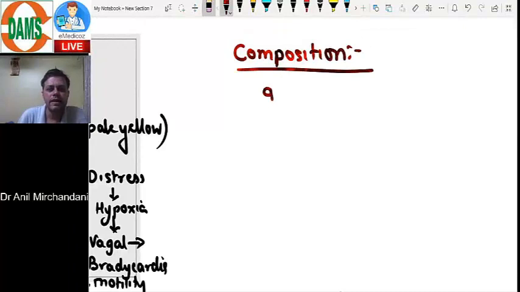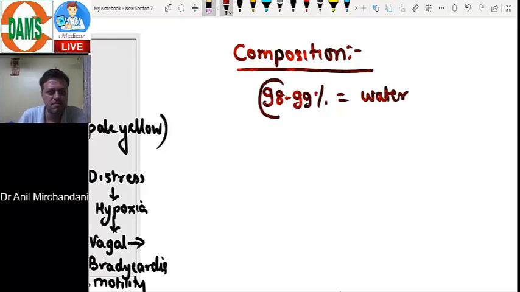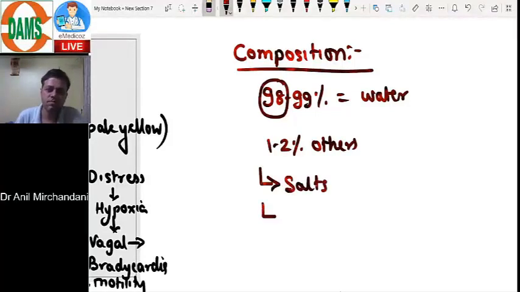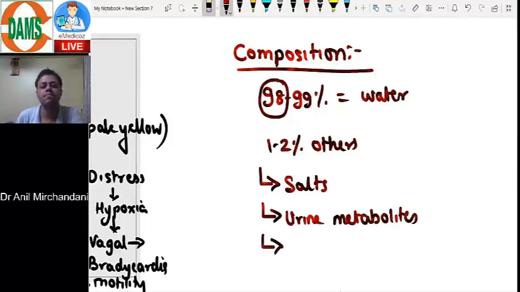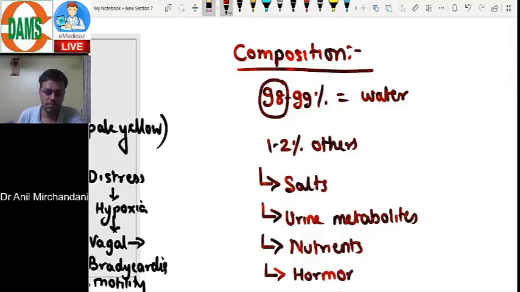Composition: 98 to 99% of amniotic fluid is water. 98 is the best answer. 1 to 2% would be others, where there would be salts, urine metabolites, nutrients, and hormones.